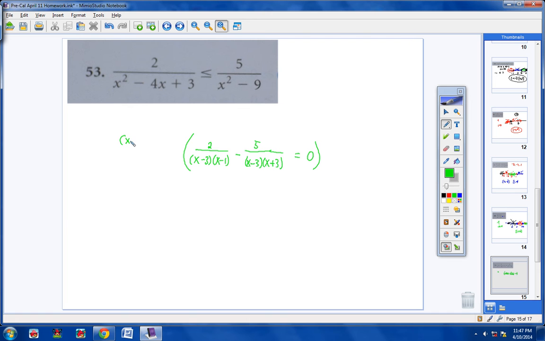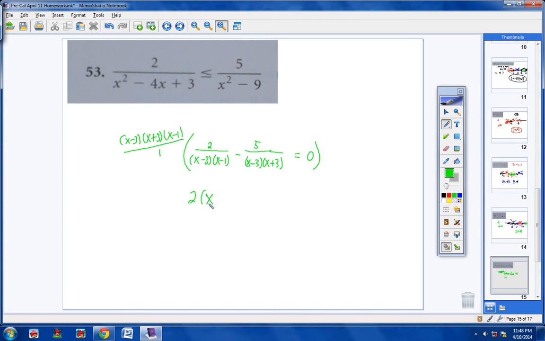So my common denominator would be x minus 3, x plus 3, and x minus 1. And I do apologize. Okay, here we go. x minus 3 and x minus 1 would cancel with x minus 3 and x minus 1. So you're left with x plus 3 times 2.